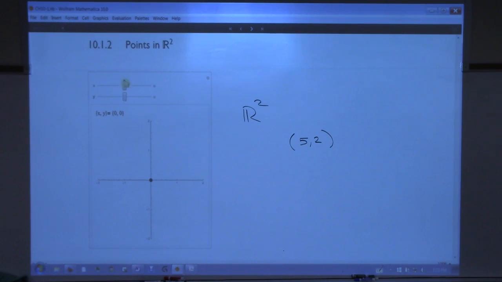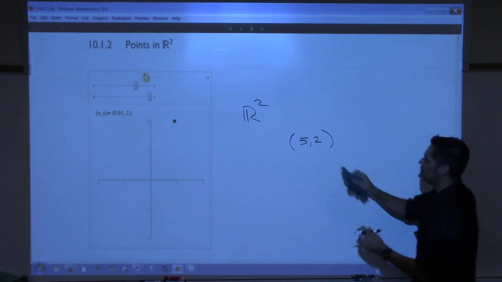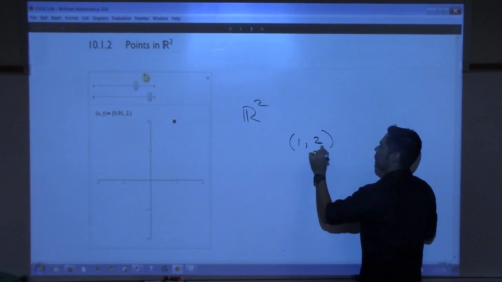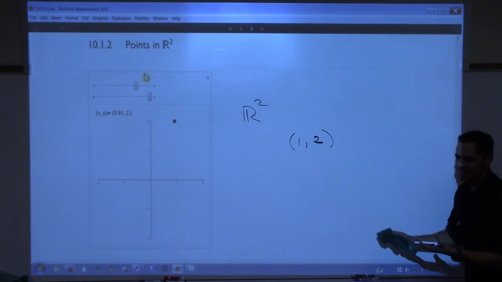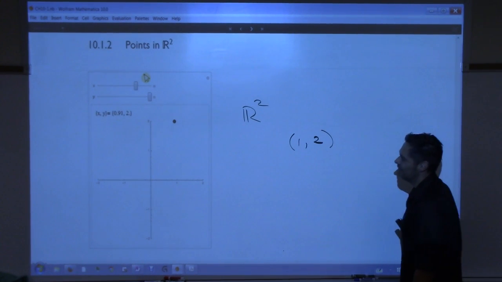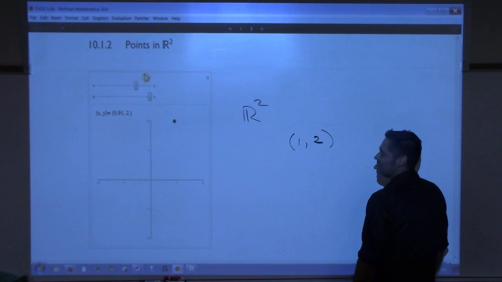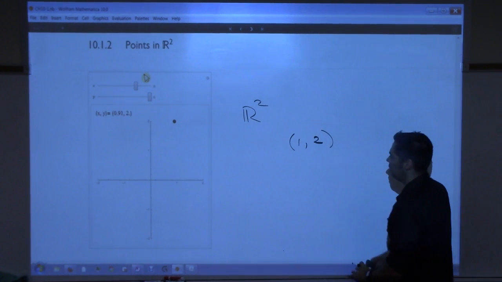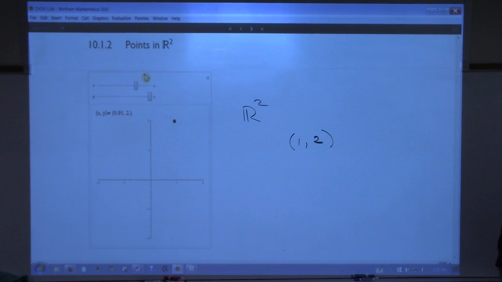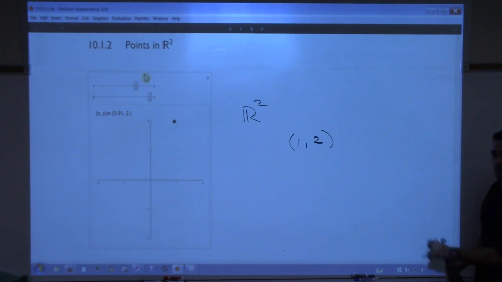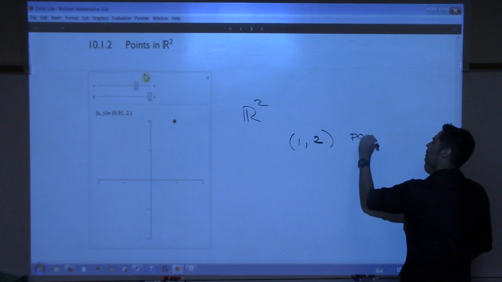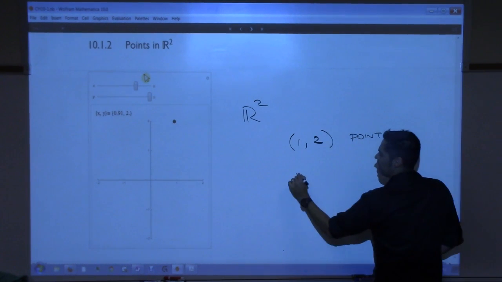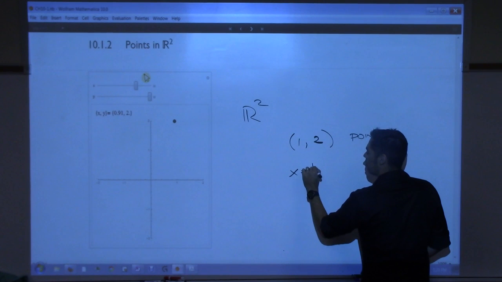That just means over 1, up 2. Come on, this can't be what Cal 3 is about, right? Don't worry. It'll get a little more interesting. So this right here represents what in R2? A point, right? This is a point in R2. Now let's look at this. What is x equals 1?